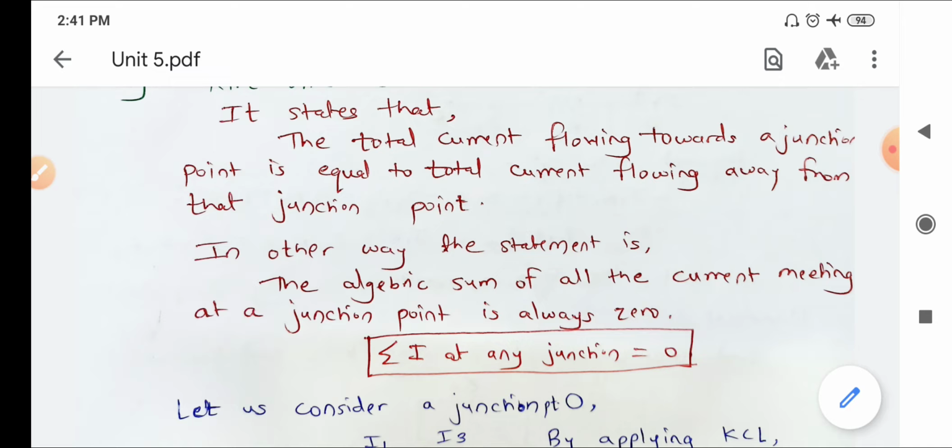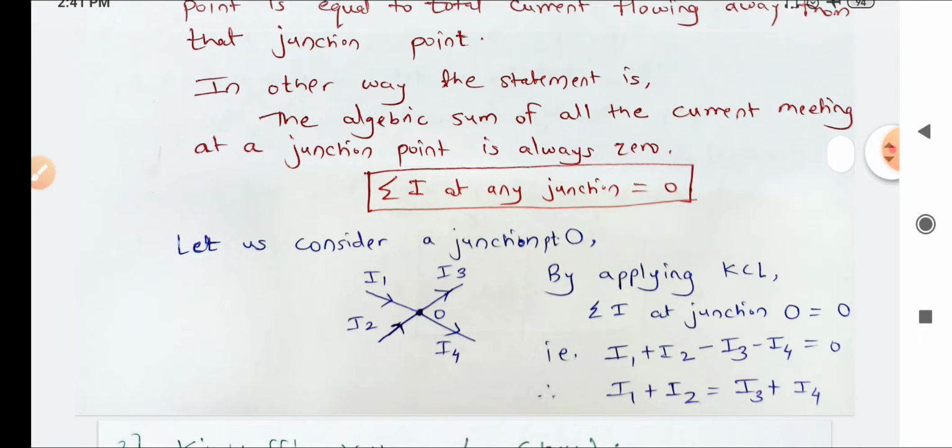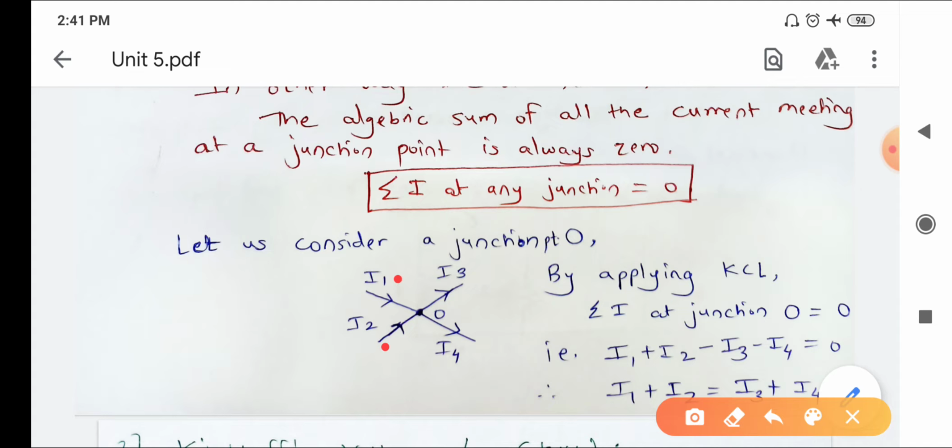Now for explanation, we'll consider one junction O, where four branches are meeting. The currents entering the junction are I1 and I2, whereas the currents leaving the junction are I3 and I4. As the junction can neither generate nor absorb any current, the total current entering the junction is equal to the total current leaving the junction.